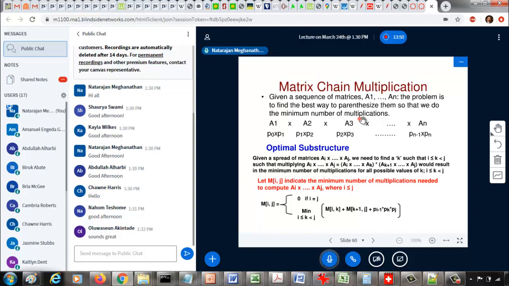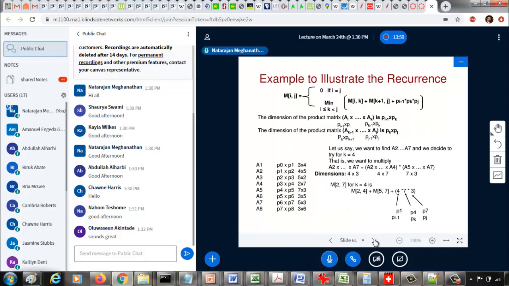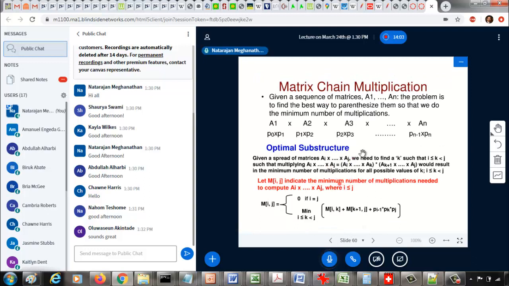So the thing is, for any dynamic programming problem, we have to identify this optimal substructure. That means given a chain of matrices AI to AJ, how we parenthesize that subchain. So some chain starting with AI and ending with AJ.